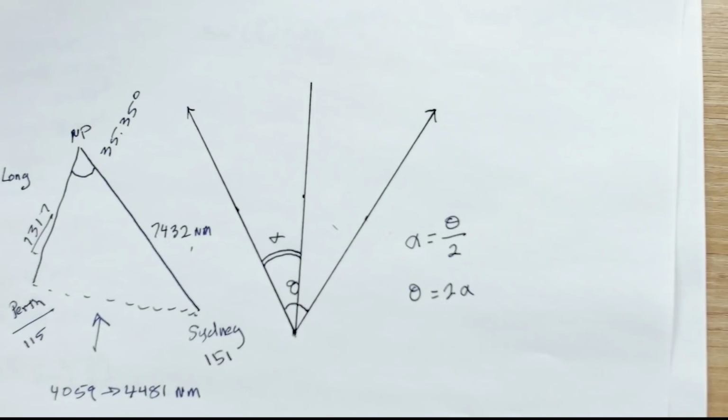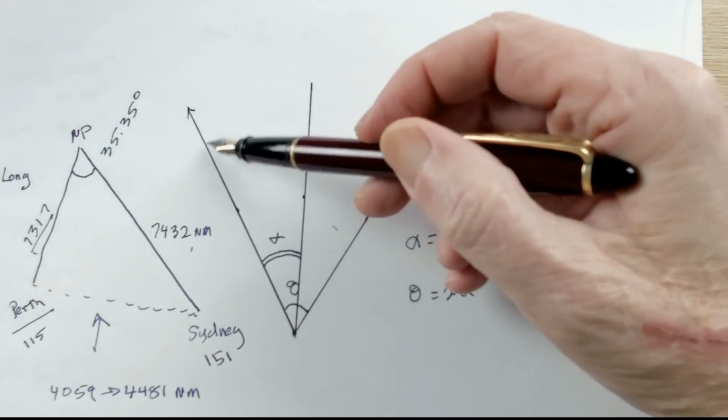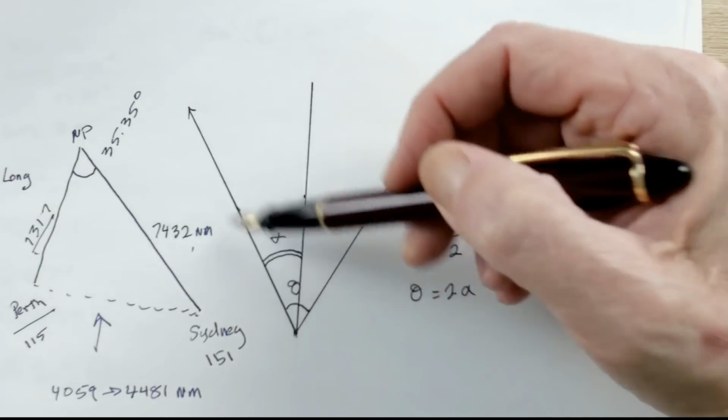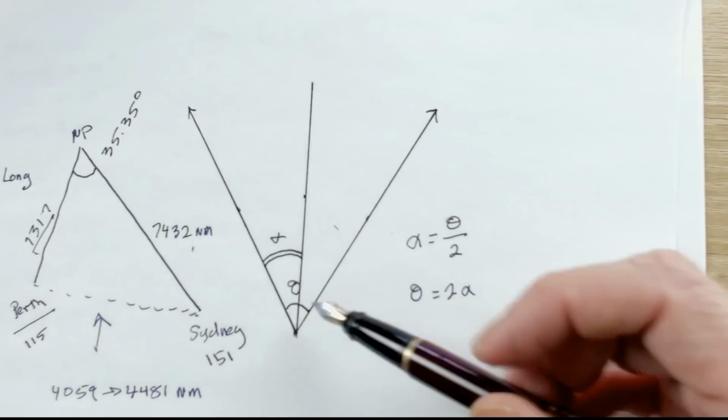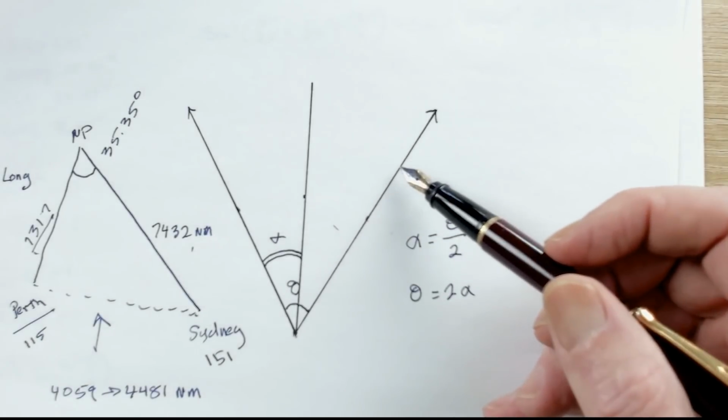Now, the Haversine formula seems like it's a little complex, but it really makes a lot of sense. Say this is the longitude and latitude of your starting position, which is going to be somewhere along this line, okay? And the longitude and latitude of your ending position will be along this line.